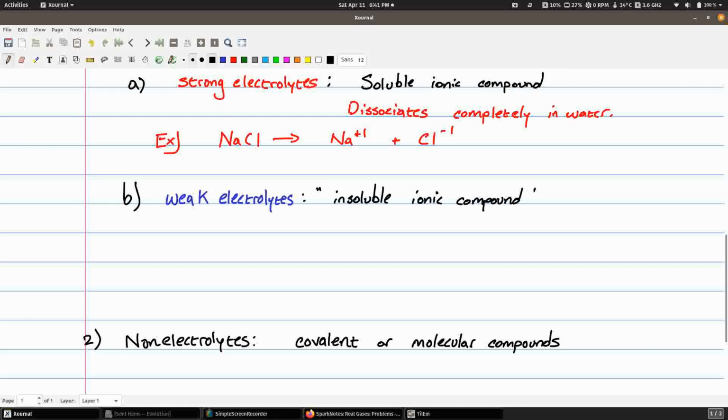An example of that would be silver chloride, or remember when we did precipitation reactions? The insoluble that you're precipitating would be a weak electrolyte.